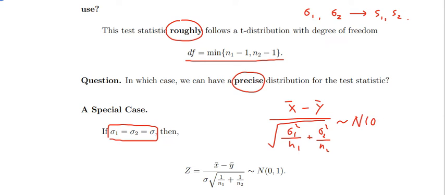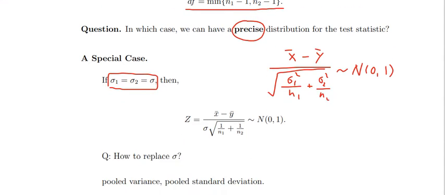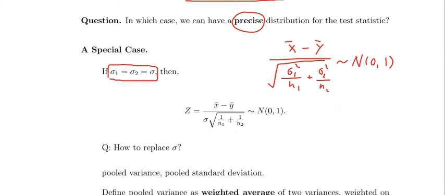If sigma 1 equals sigma 2 equals sigma, then we can take this sigma outside, and this follows a standard normal.